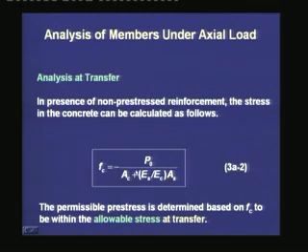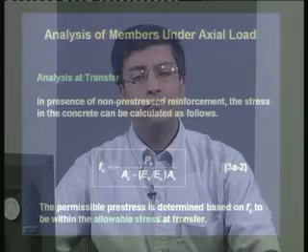This denominator is higher than just the area of the concrete. The permissible prestress is determined based on Fc to be within the allowable stress at transfer. That means we have to apply the prestress up to a certain level such that the stress under transfer is within the allowable value at transfer.